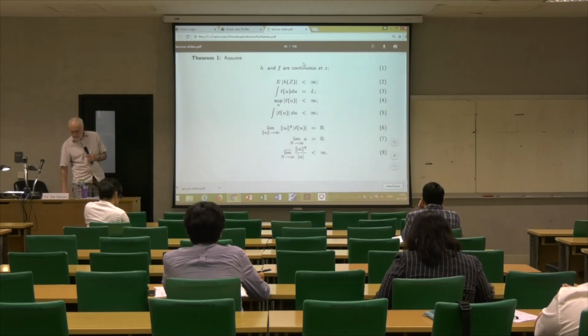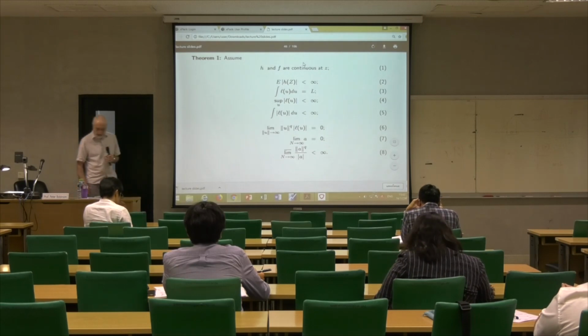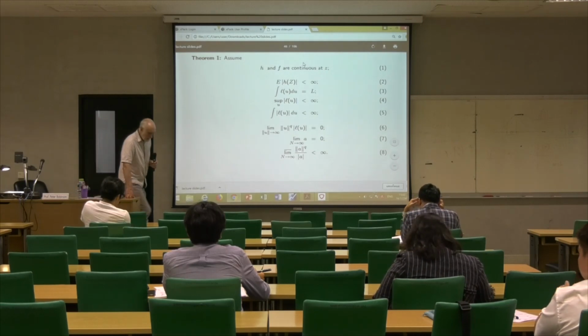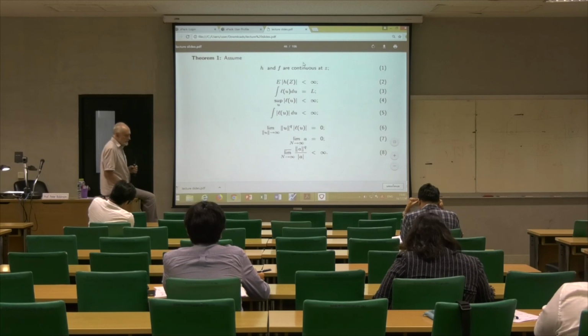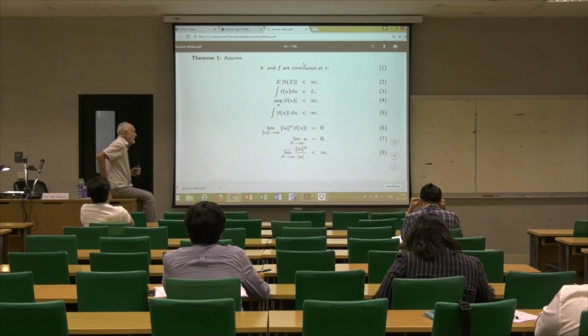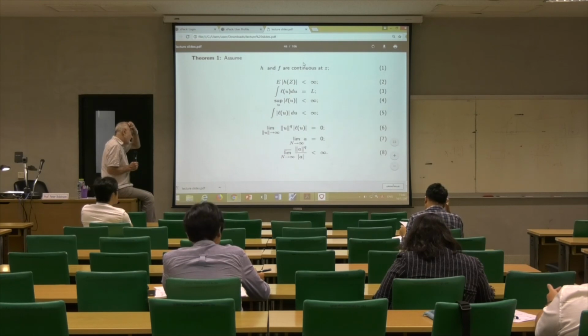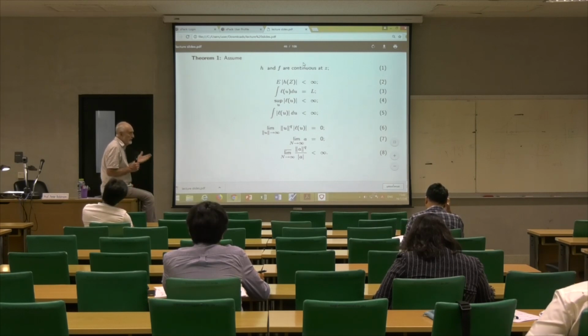Okay, so this is the theorem, and I think it's useful to write down these conditions, even though some of them are a bit complicated, to provide some indication for practical use of the important background properties.